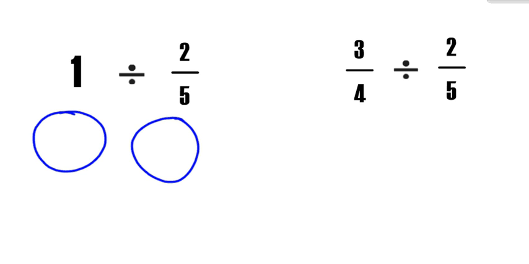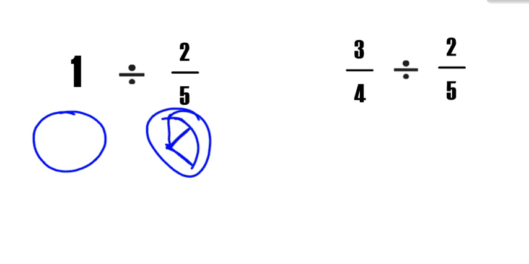And of course, fifths aren't the easiest thing to draw, but I've worked on it over the years and I'm doing just okay. But the question would be is how many of these fit into here, right, this one. And we can use the process of understanding reciprocals to solve this problem.